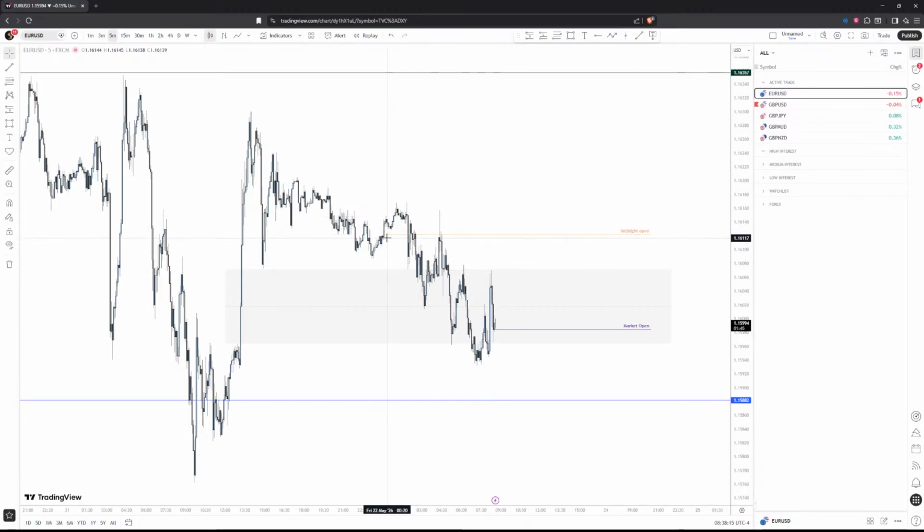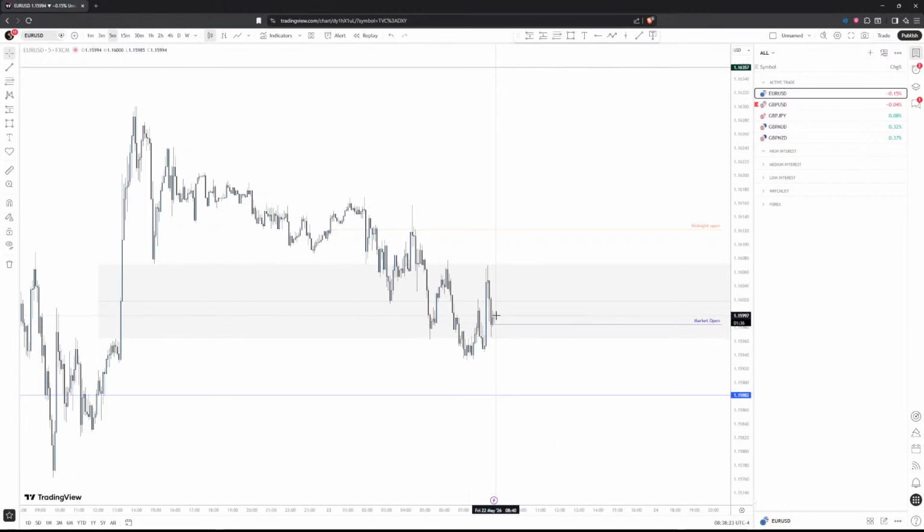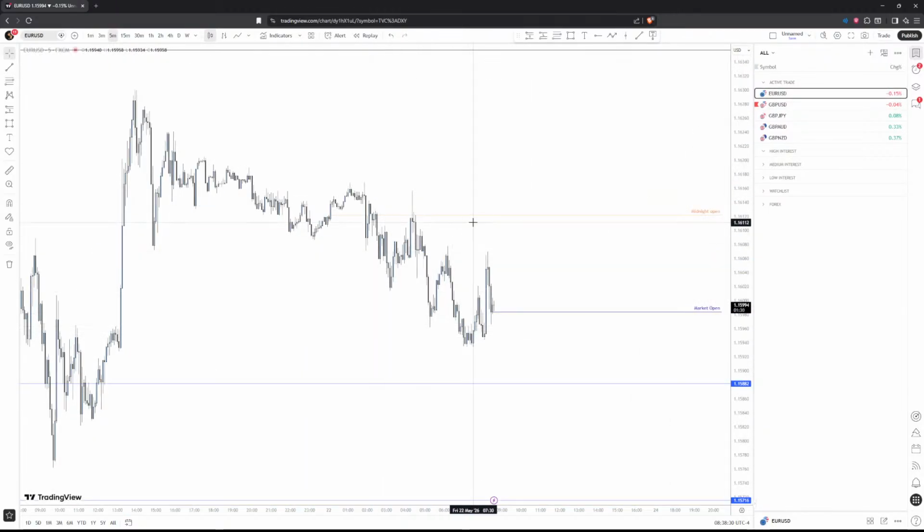So from the midnight open, we had the sweep of these highs over here, and we've pretty much just been moving downwards quite cleanly when you look at the swings. At market open, I'll be expecting the taking of bullish or buy side liquidity, so that'll be these highs over here.